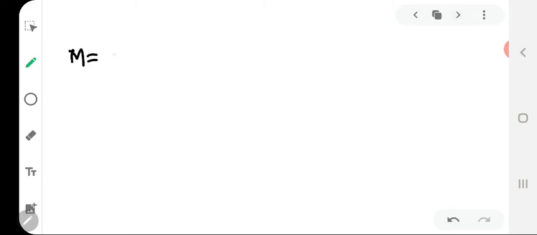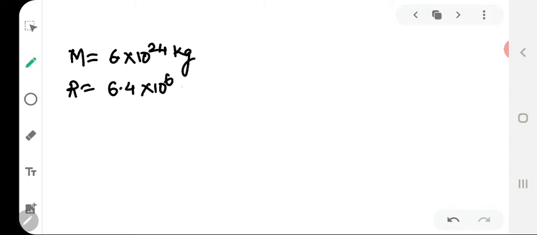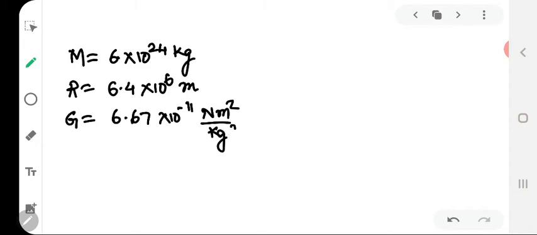Mass of Earth is 6 into 10 to the power 24 kg, the estimated value. Radius of Earth is 6.4 into 10 to the power 6 meter. And as we all know, the value of universal gravitational constant is 6.67 into 10 to the power minus 11 Newton meter square per kg square.